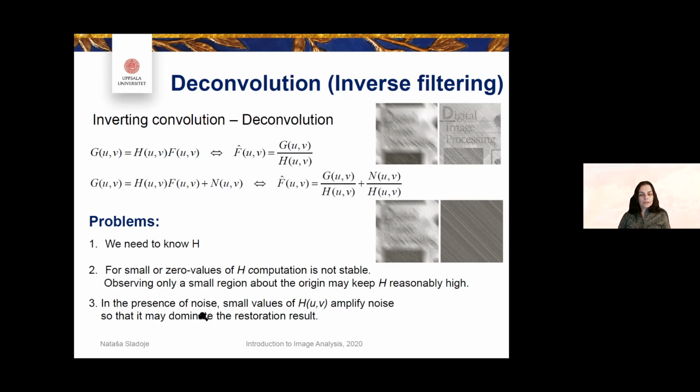And finally, for the same reason of non-stable division with h, whenever these values are small, they will essentially amplify the noise that we have here. That might become a problem to the extent that noise becomes so amplified that it dominates the resulting restoration, and we see nothing else but restored noise.